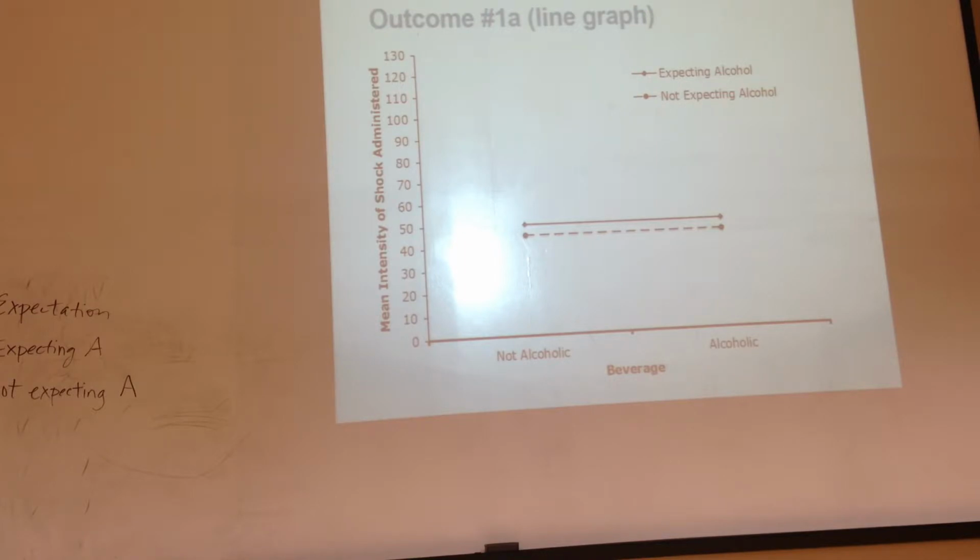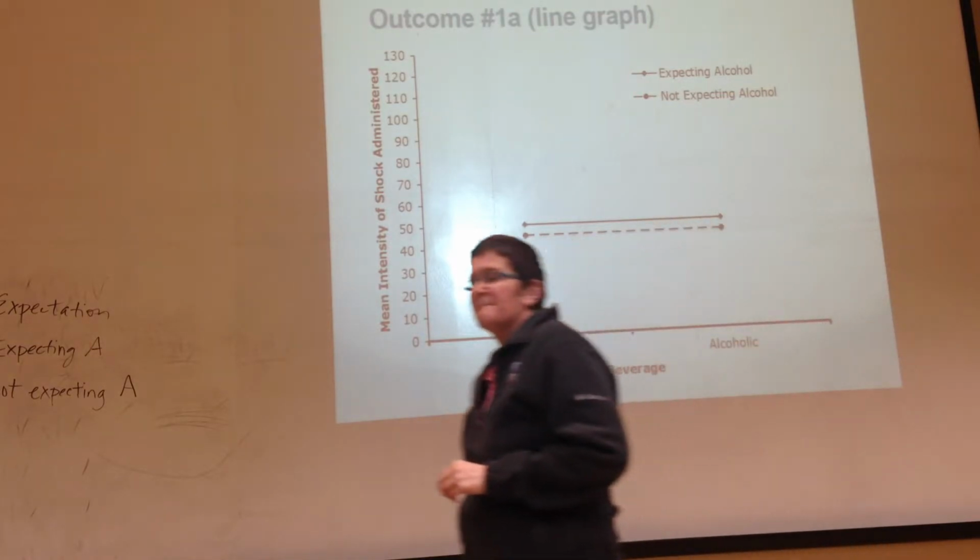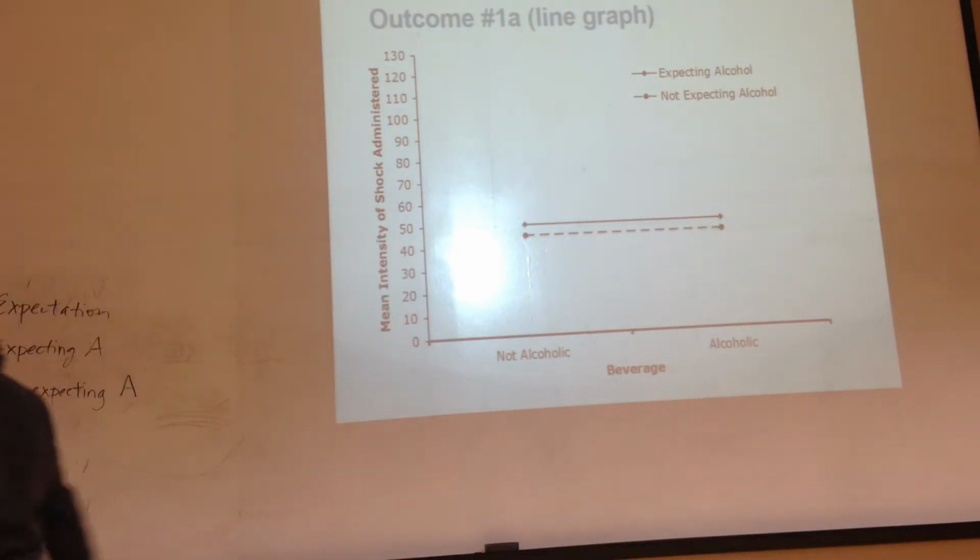So if it's a 2 by 2, both are between subjects, both are manipulated, and random assignment was used, what kind of factorial design does this have? Random groups factorial design. Yes, that is exactly right.